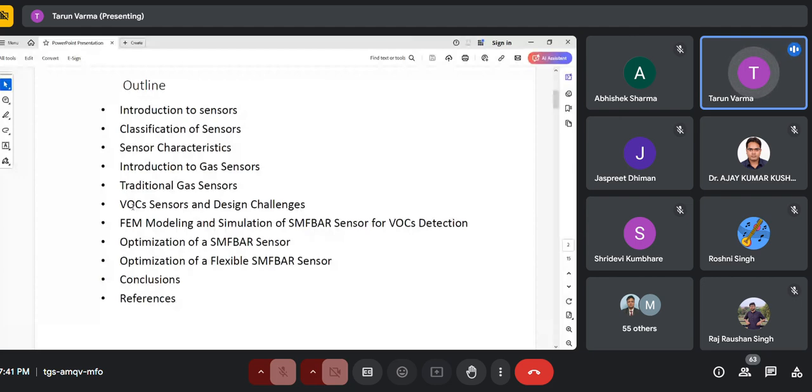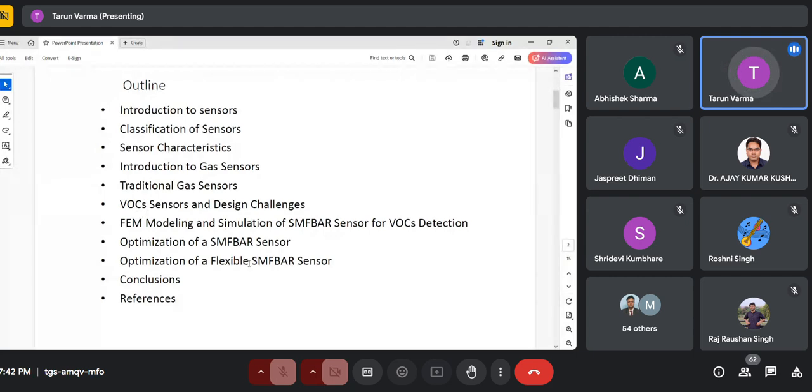Volatile organic compounds are the gases which need to be sensed in medical applications and also in factories and industries. Then, optimization of these sensors, optimization of the flexible SMR sensor, conclusion, and references. This is the brief outline of my talk.